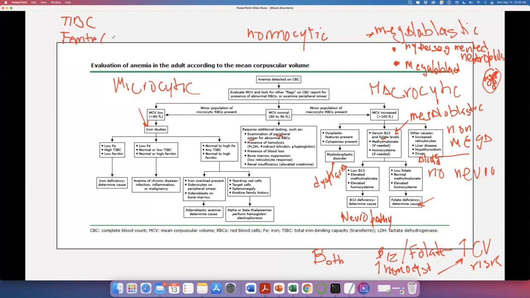And I told you, you should associate ferritin with iron that is stored. And the TIBC is a measure of a protein that is called transferrin.